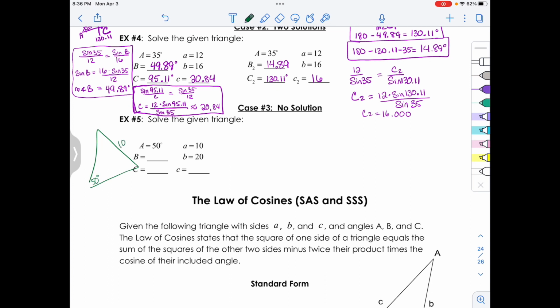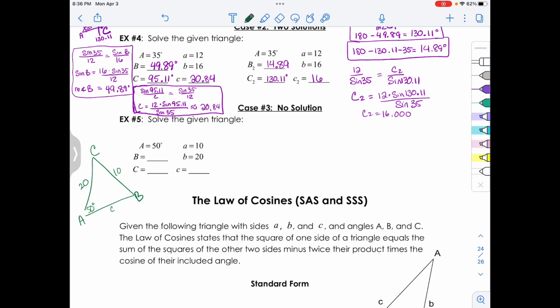Across from A is 10. We lock in the other side right over here, 20. That means that this is B. So this is B. And then the other part, this is C and this is little c.